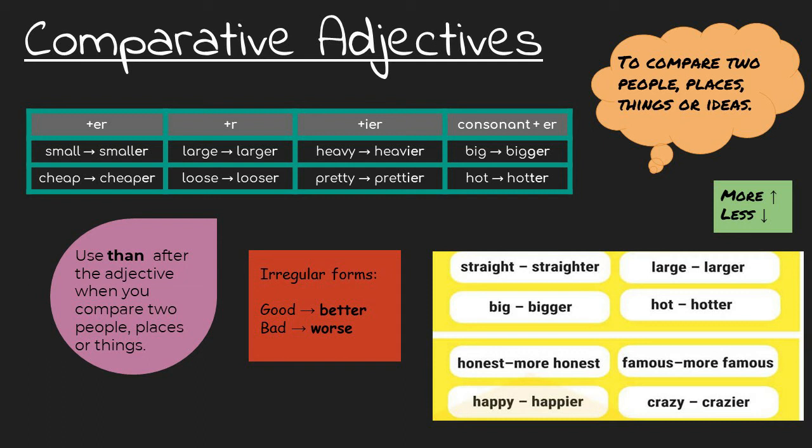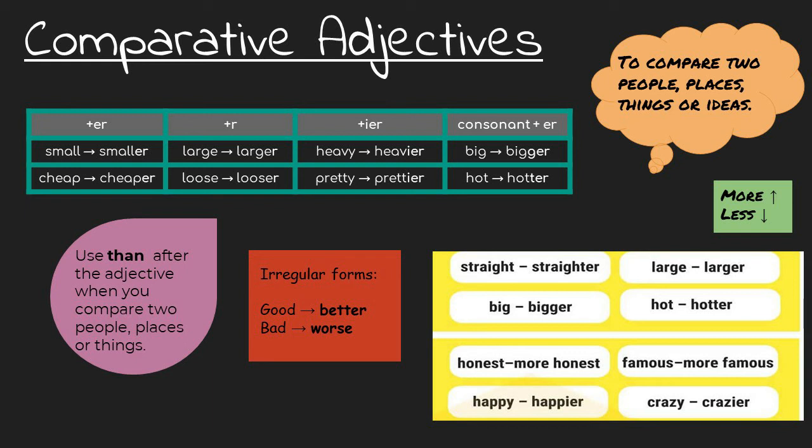So we have here another example, that we can use to change the letter Y, right? So in this case, we use IER, right? For example, we have heavy, we can say heavier. We have pretty, we say prettier, right?